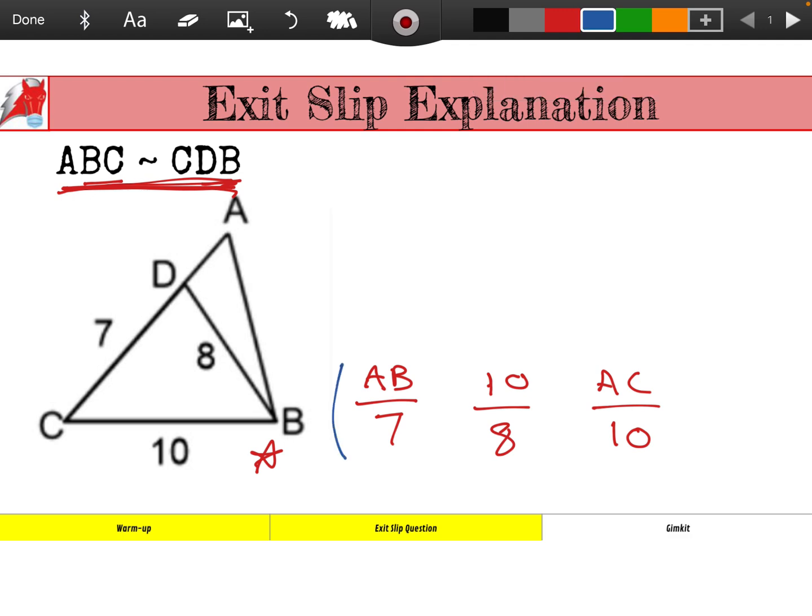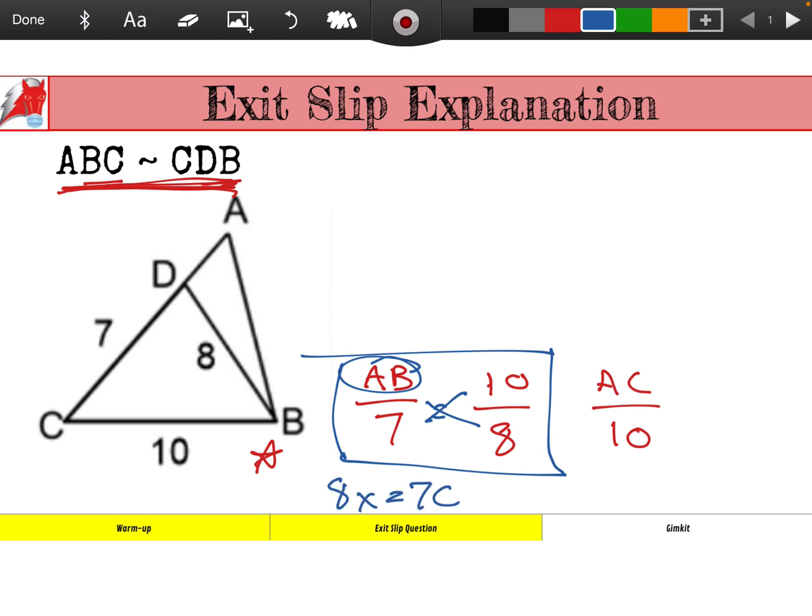I can simply set this equal. Now I can find AB, call that X, and cross multiply. So that's 8X equals 70. Divide: 70 divided by 8.